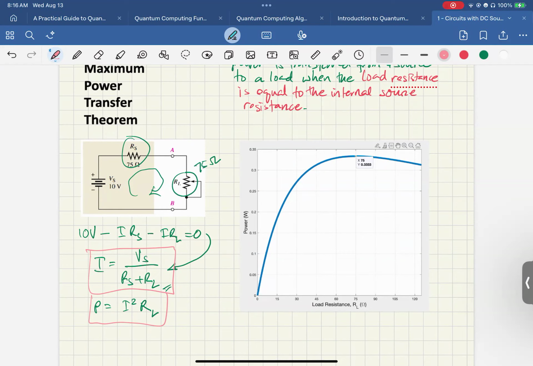Sige, there's still a bit of time. So let's just show kung anong nangyayari pag hindi ideal yung circuit.